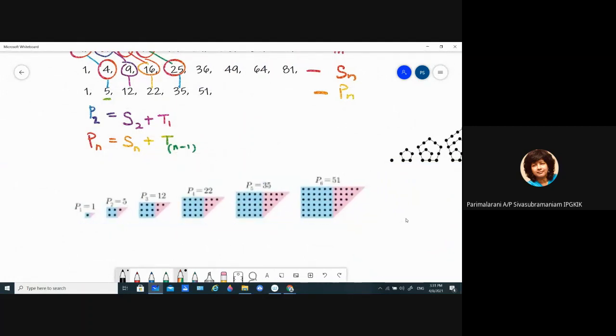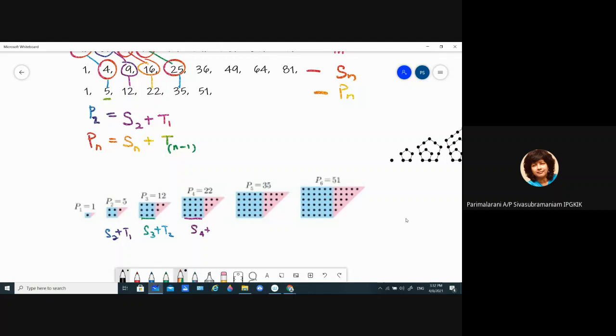So P1, the first number, is 1 square plus no triangular numbers. P2 is the second square number plus the first triangular number. P3 is the third square number plus the second triangular number. So this is S3 plus T2. This is S2 plus T1. This is S4. How do we know 4 or 3 or 2? We look at the number of dots on each side.